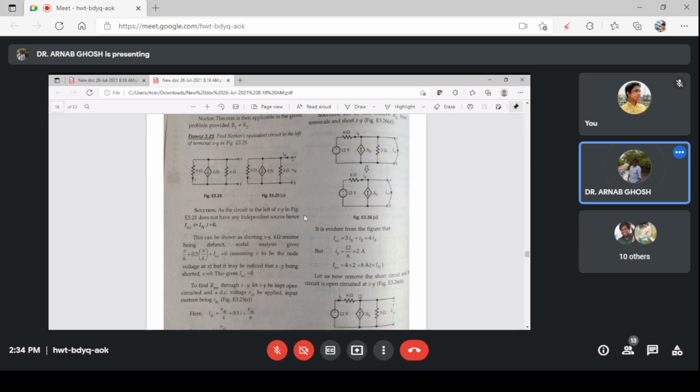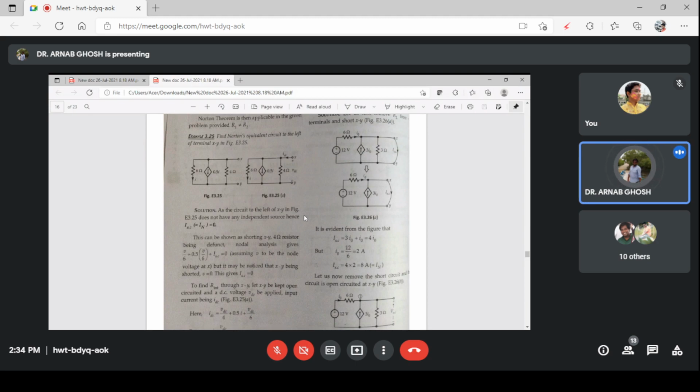Node 1. So we are applying KCL at node 1, right? You see here your current direction is given as this, and this is coming here like this. So your IS is I0 plus 3I0.